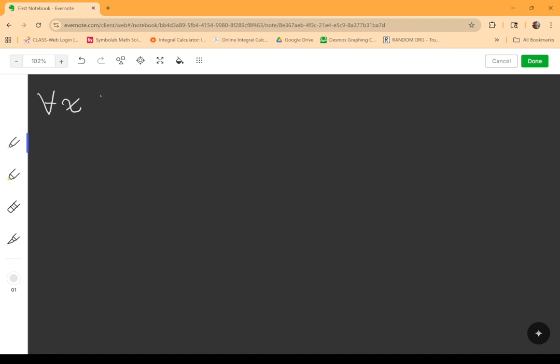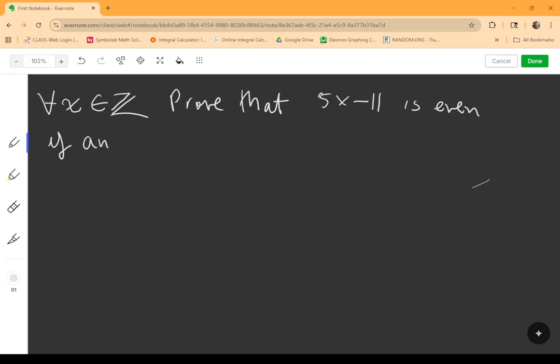So again, for all x, an element of Z, for any integer, prove that 5x minus 11 is even if and only if x is odd.